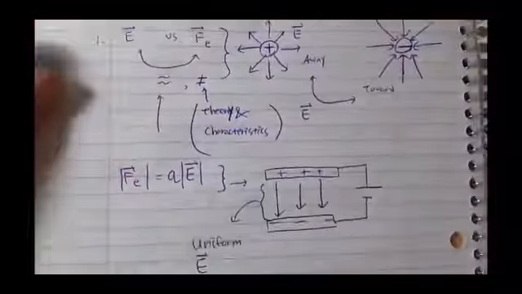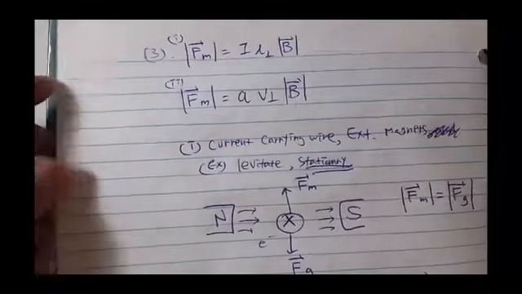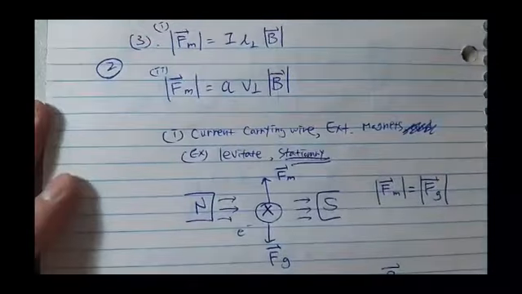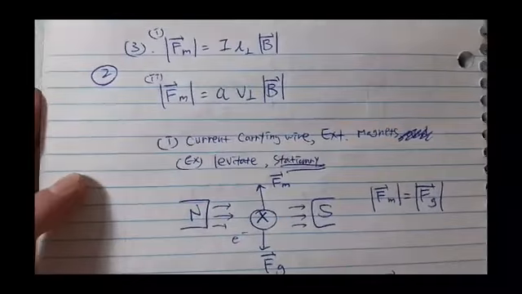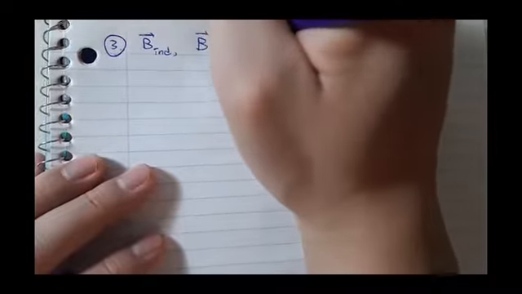So I believe that's 3. Or let me quickly check. Hand rule was number 1. Oh, I forgot to put hand rule number 3, and calculation of force is number 2, sorry. And number 3 is my induced magnetic field and any type of magnetic field technology.